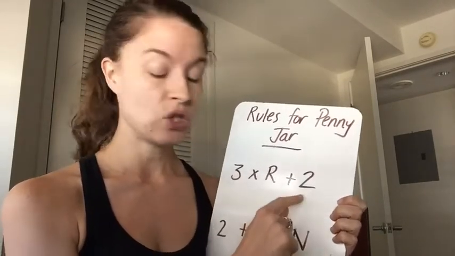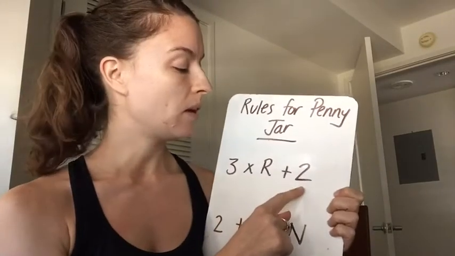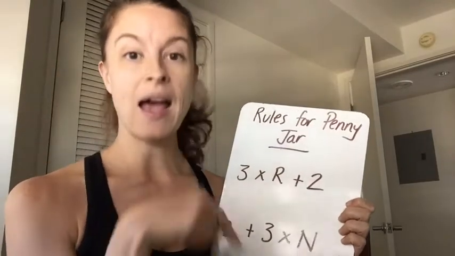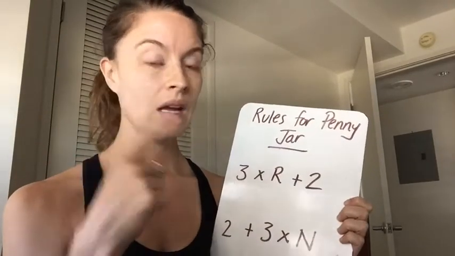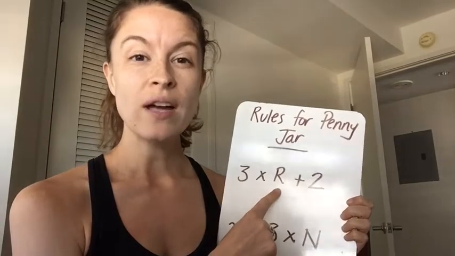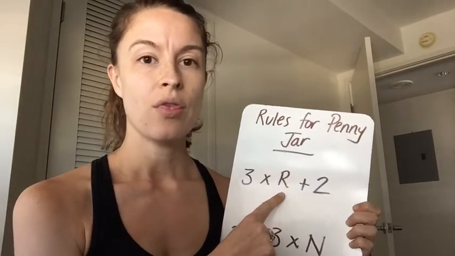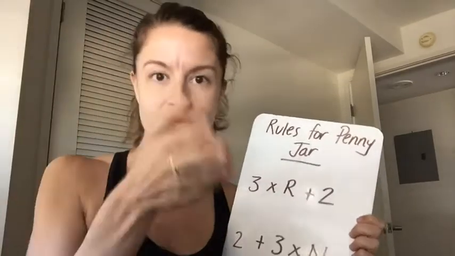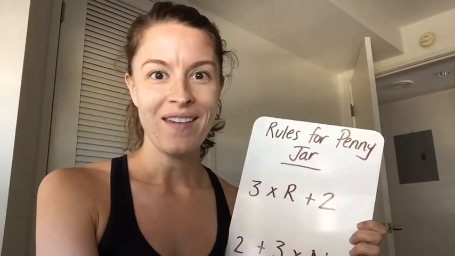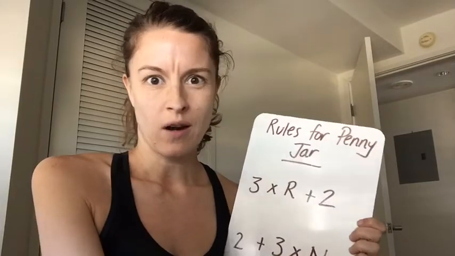Yep, that's right. So the 2 is definitely the pastas we started with. The 3 is how many we add each round. But it's multiplication because it's times the number of rounds. So I chose R because it's the round. So it's not the amount of times I've put in pasta, okay? Now, let's say you're like, I don't want to use R, I want to use a different letter.